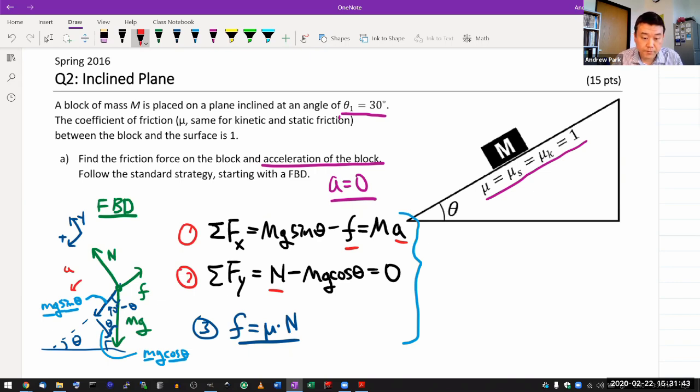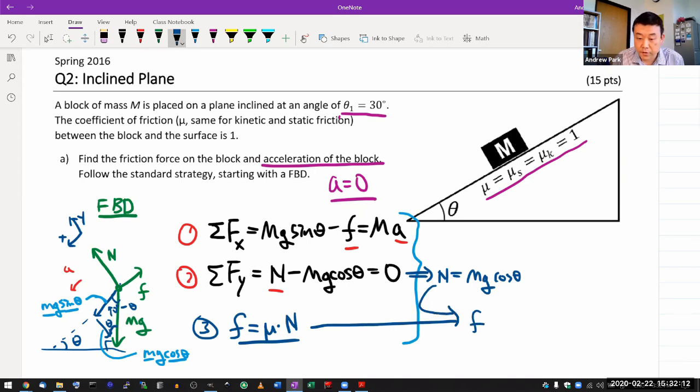So I want to be able to plug in my friction force there. That means I need to eliminate normal force here through my equation 2. So let me do that quickly on the side here. My normal force is equal to mg cosine theta. Plug that into equation 3.